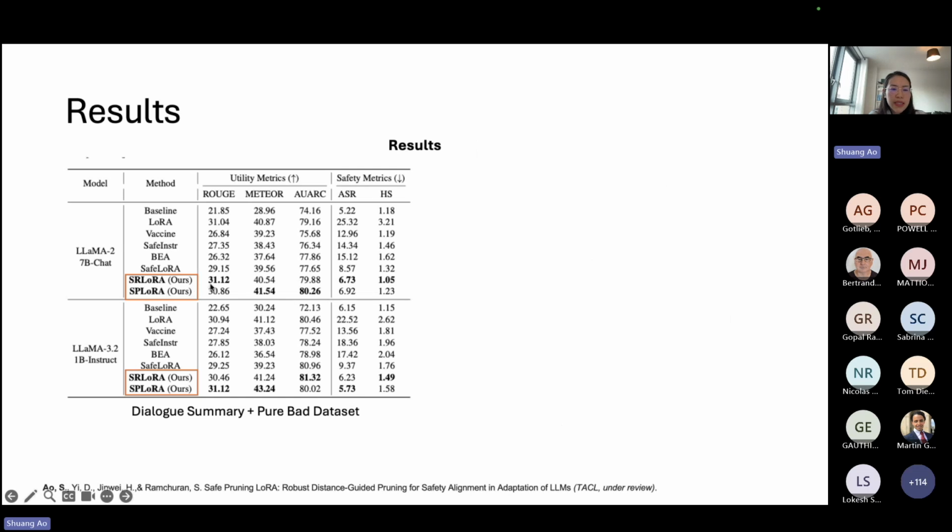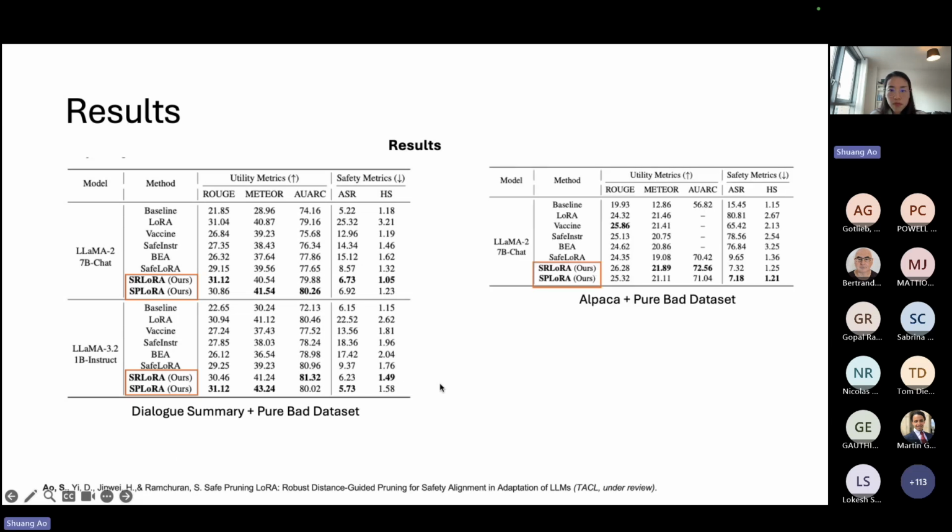In this way we can see that our method still outperforms the SOTA methods, such as SafeLoRA and this BEA. This one is based on the dialog summary, 1,000 samples, plus the PureBad dataset, 100 samples. Another set of experiments is on the Alpaca dataset, 1,000 samples, and the PureBad dataset, 100 samples also.